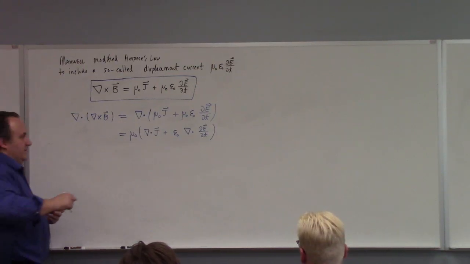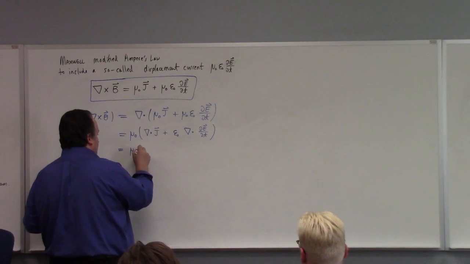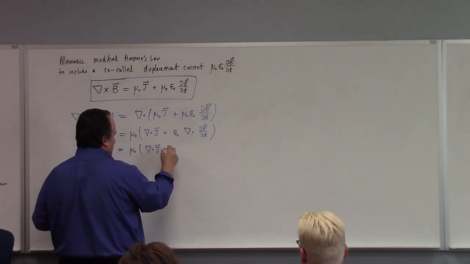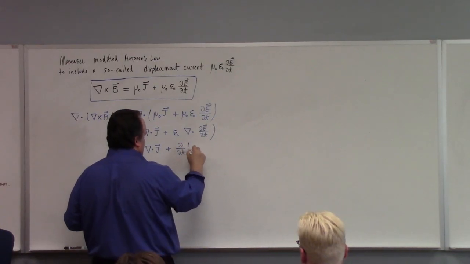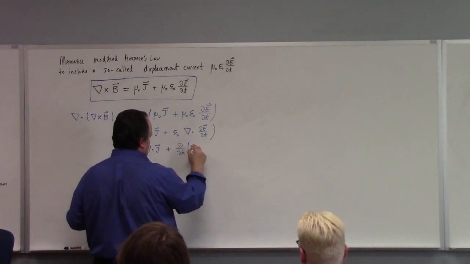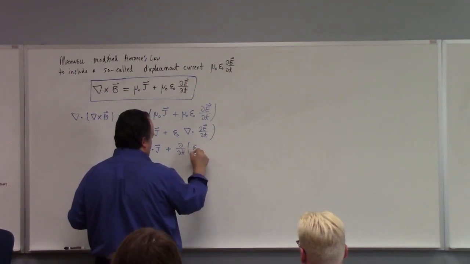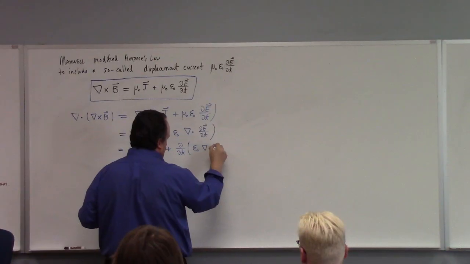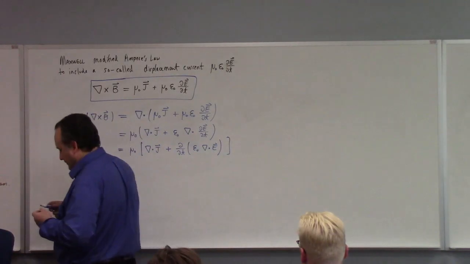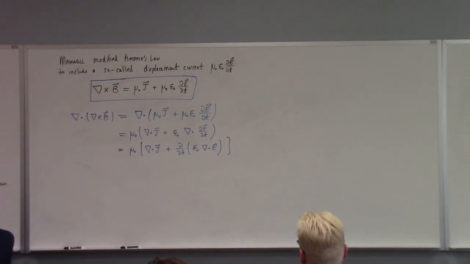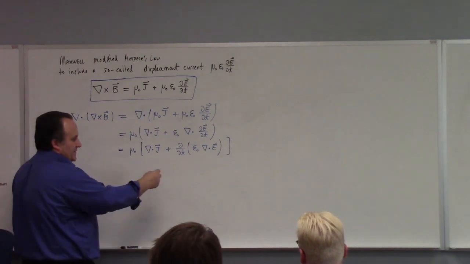So this is going to be mu naught divergence of J plus partial t of epsilon naught divergence of E. Now what are we up against?